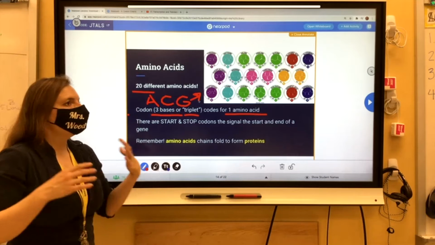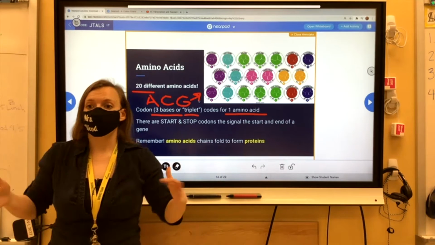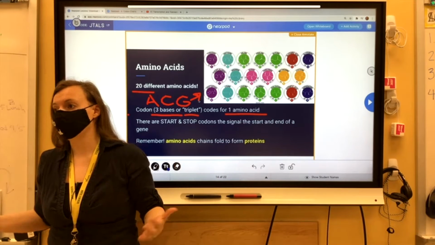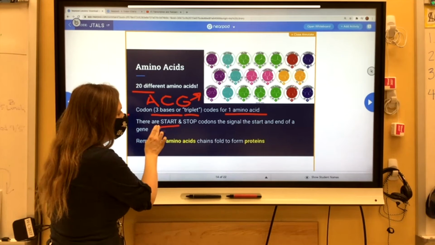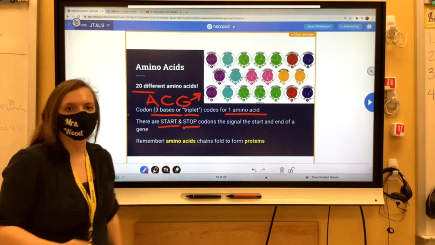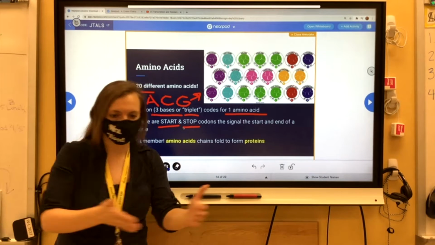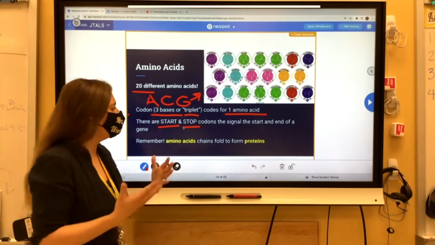So remember, our DNA is crazy long, right? And our body doesn't want to waste time copying extra code it doesn't need. So every single gene in your body has a start and a stop codon. So there's directions in the DNA. It says start copying this gene here and stop here. So we don't copy extra information.